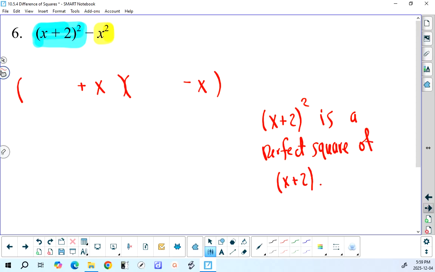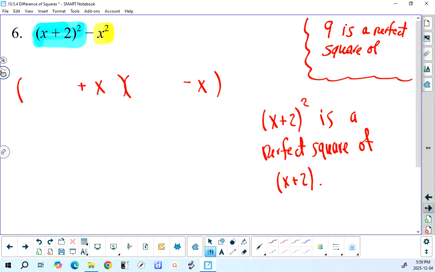I mean, just to go off script for a second here, if I tell you that 9 is a perfect square of 3, that should totally make sense. And all it means is when I square 3, I get 9. When I square this thing, I get that. Well, if you just look a little bit below that, what I'm saying here is if we square this thing, you get that. X plus 2 is what you square to get x plus 2 squared.